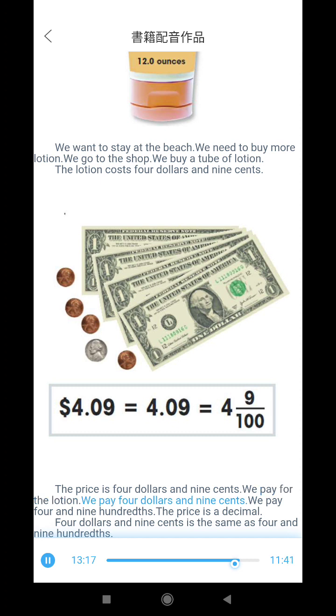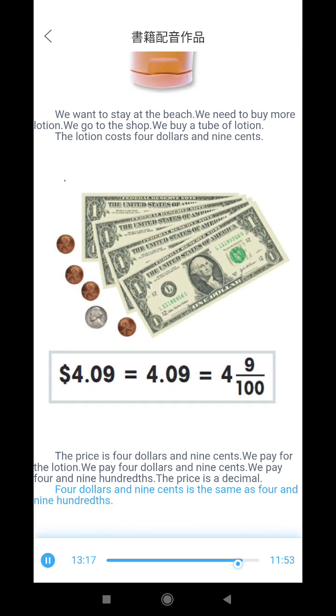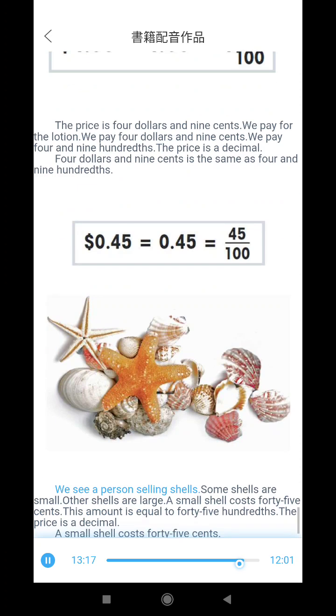We pay for the lotion. We pay $4.09. The price is a decimal. $4.09 is the same as 4 and 9 hundredths.